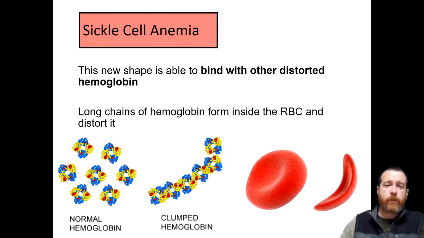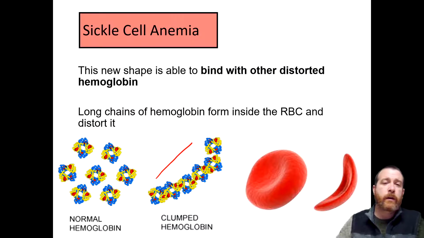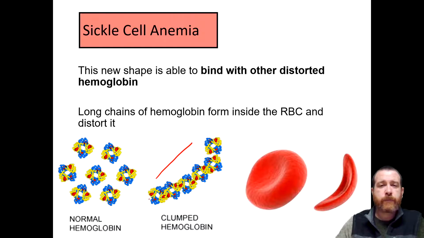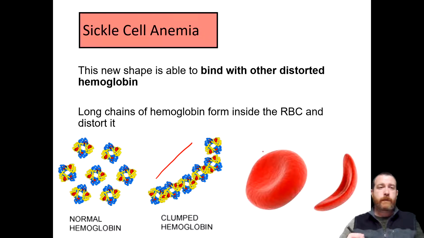And you start forming this long rod of clumped hemoglobin. The beta chains are going to stick to each other in this case, and it forms this long rod. And what happens when you have basically a pencil, a long rod, growing within a balloon, right?